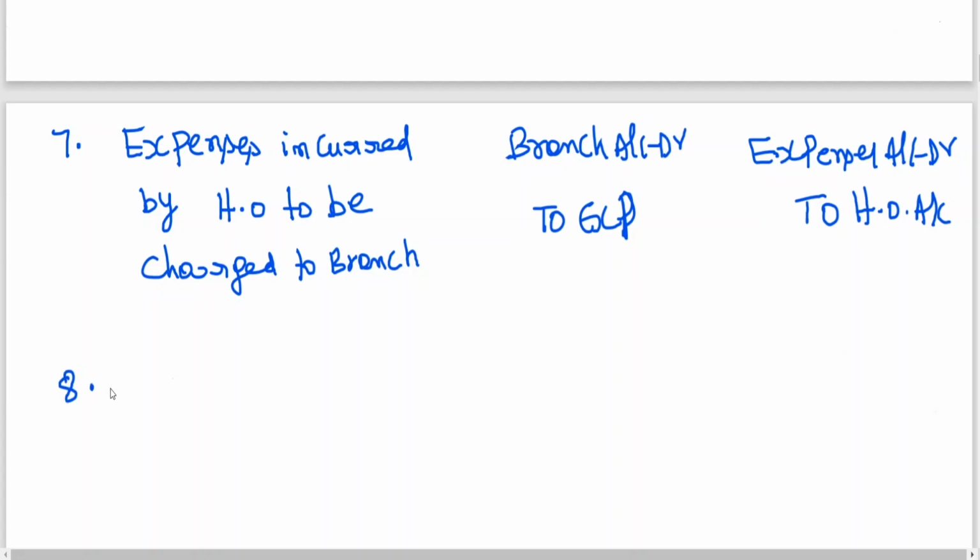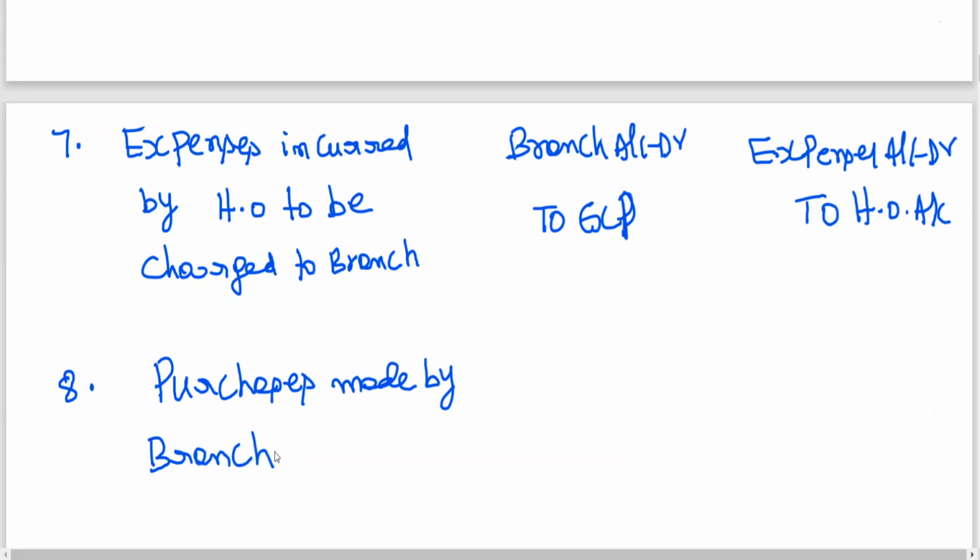Eighth transaction. Purchases made by branch on behalf of head office.